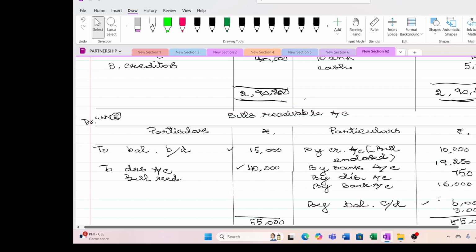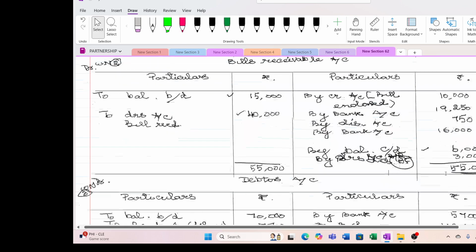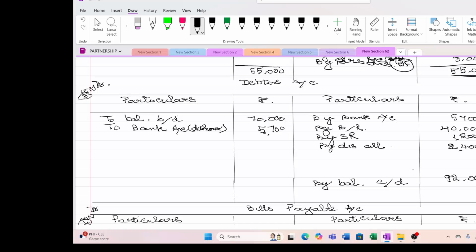So you should know that there may be a bill dishonor by BR. This will go into your debtors account. That is your BR dishonor. So immediately this will be the balancing figure. So this 3,000 should go to your debtor account, to BR dishonor.